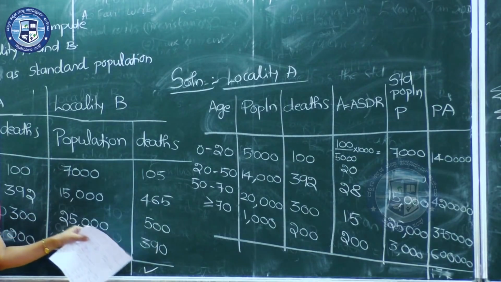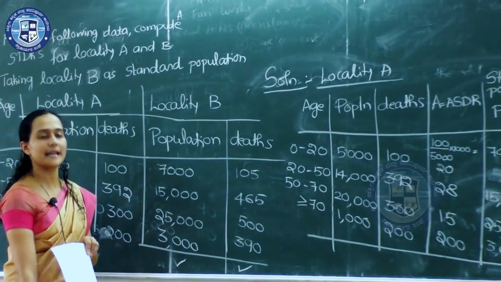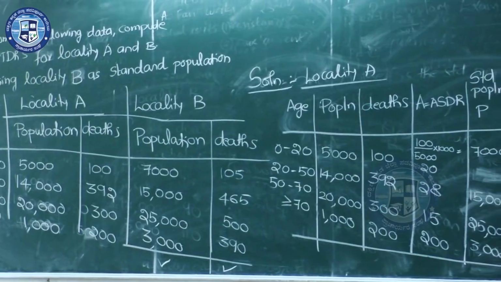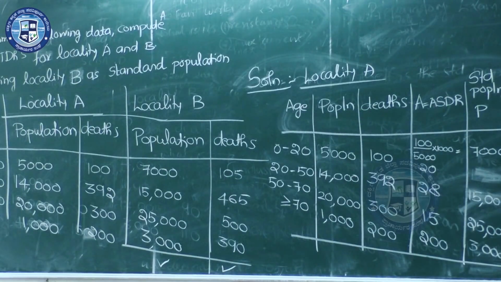So locality B population is taken as a standard population. Since B itself is taken as standard population, STDR of B is same as CDR of B. So CDR of B, what is the formula?